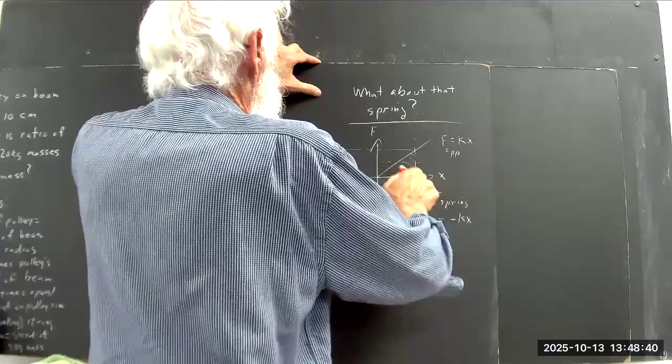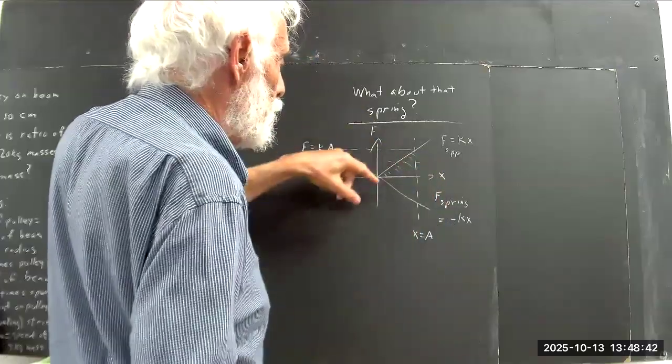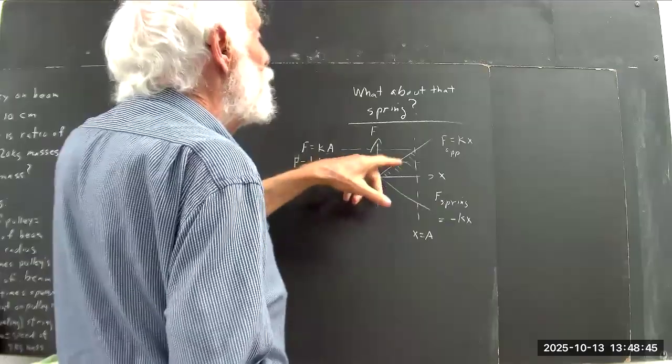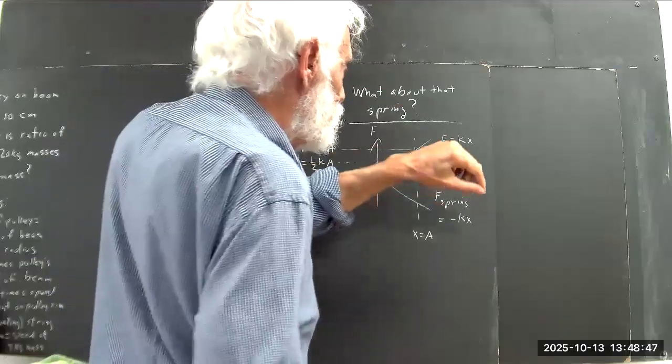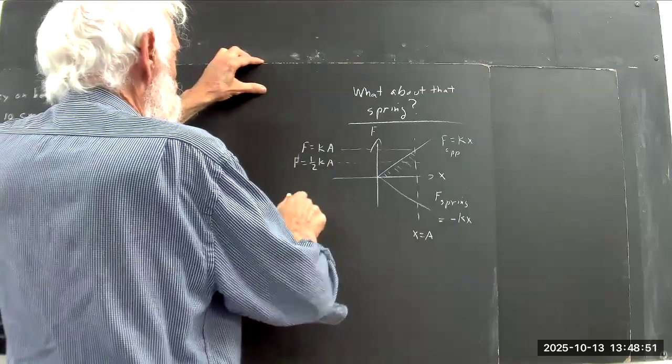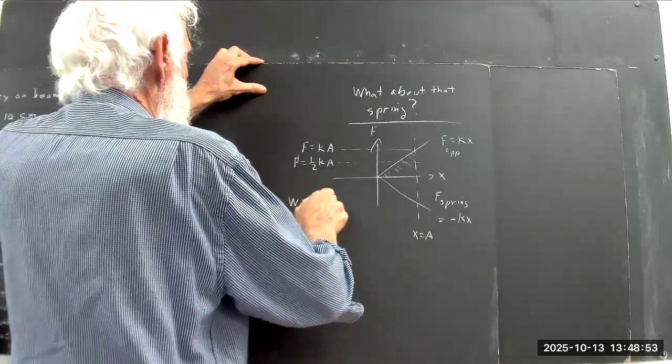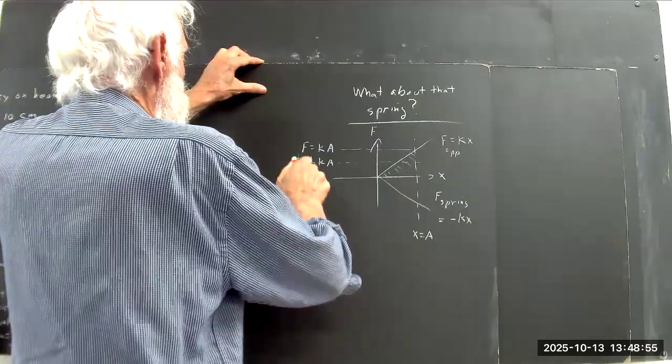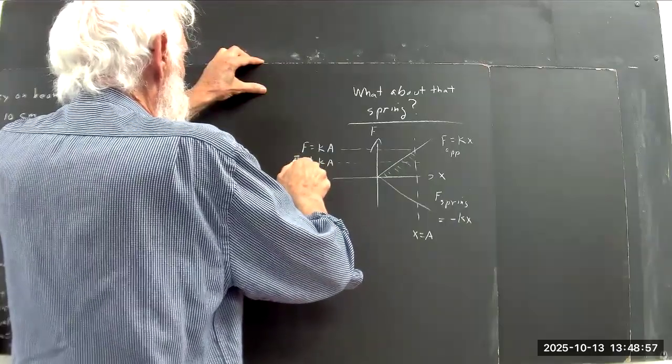The area under this triangle is your average force, F bar, times your change in x.